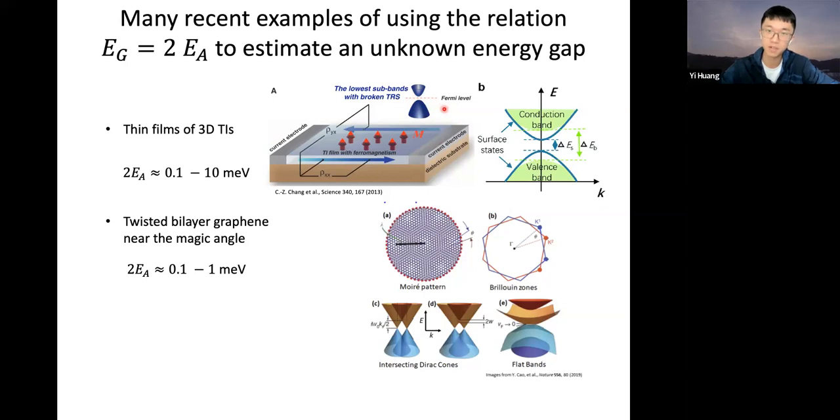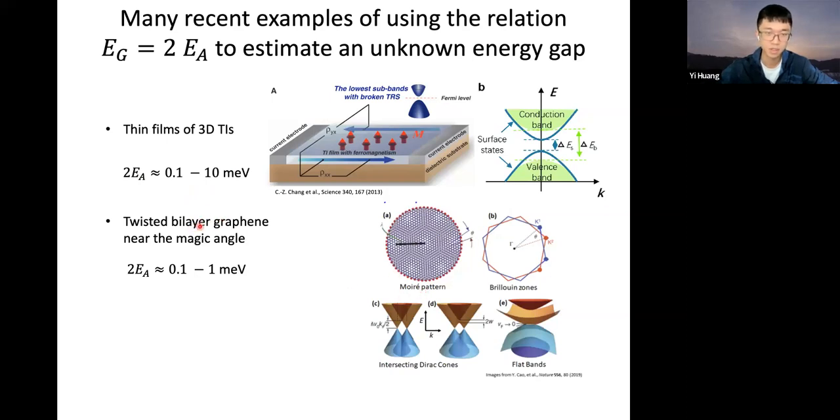By putting your Fermi level inside the gap, you can have the quantum spin Hall effect in that case. So in both of these two cases, experiments show an activation energy quite a bit smaller than theoretical predictions.